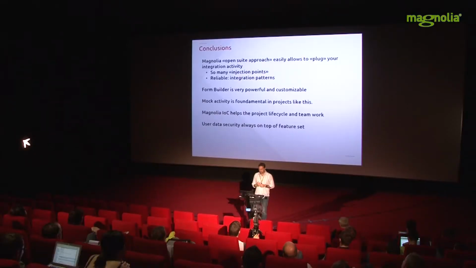It not only allows your code to be clean enough, but also allows you to proceed internally in an agile way in your teamwork. And of course, when you have to deal with user data like that, and it is sensitive, security will be on top of features. So everything you do, consider security as your primary goal.